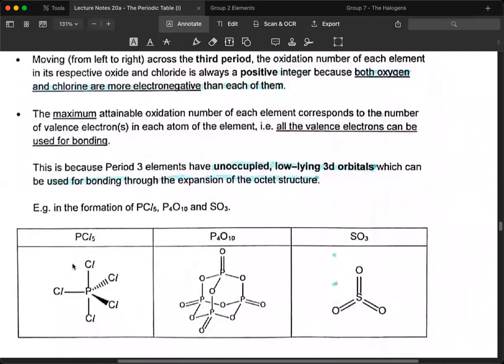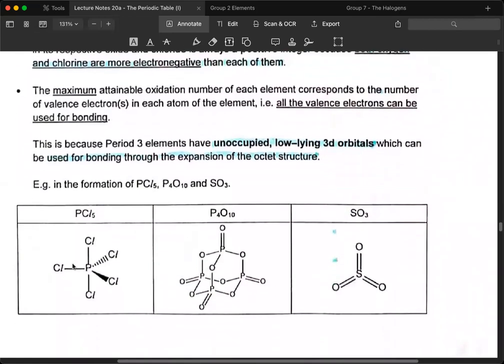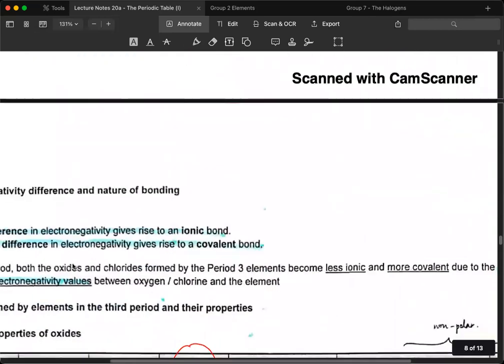So they can hold more than 8 electrons in the valence shell and don't really obey the octet rule, because they have 3d orbitals that can form bonds.